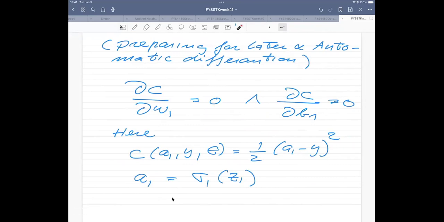And now to calculate the derivatives, we need the chain rule. And when you see the chain rule, then we also have the basic elements for back propagation, and we're also going to get the basic elements for automatic differentiation.